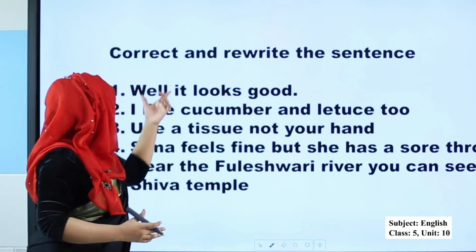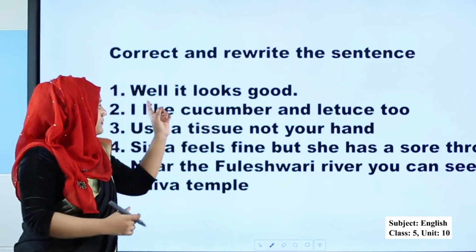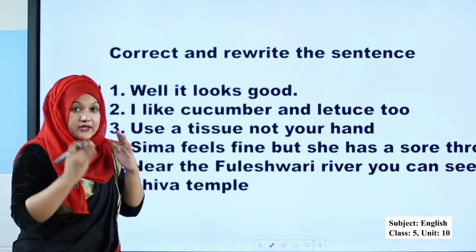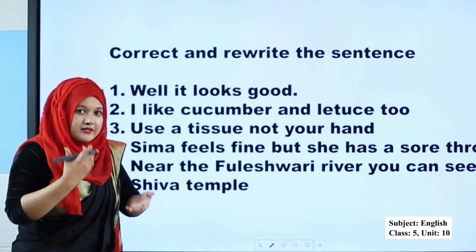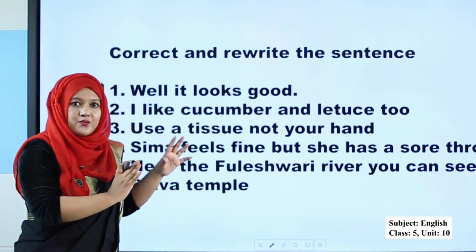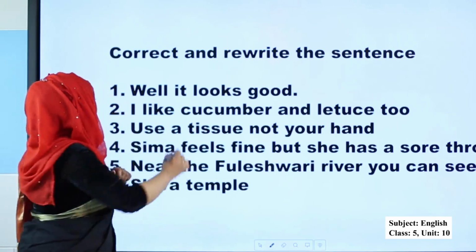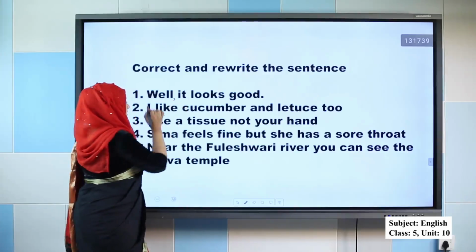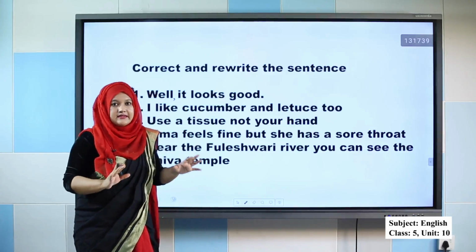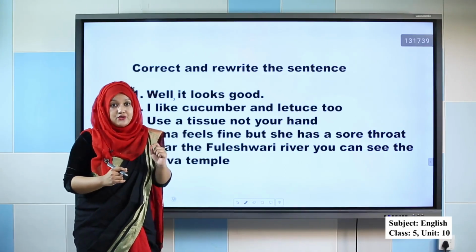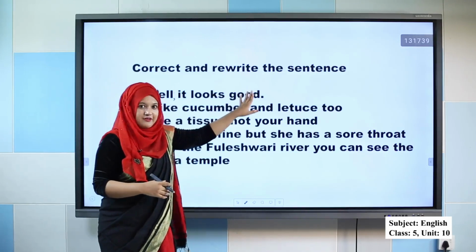So the word here is well, and after the word it introduces a sentence, it looks good. So we need to separate the word well. How can we separate it? We will use a comma after the word. And we all know that after ending any sentence, we should use a full stop, right? And here the full stop is given.